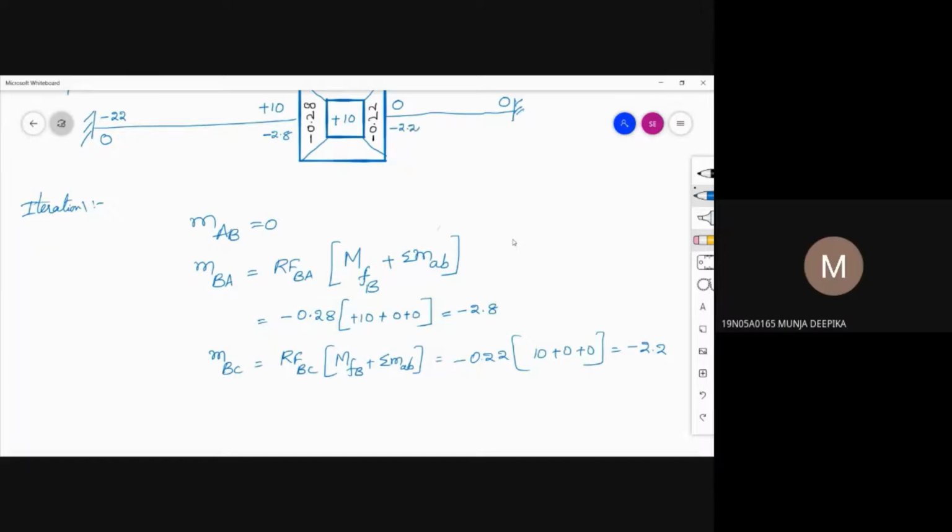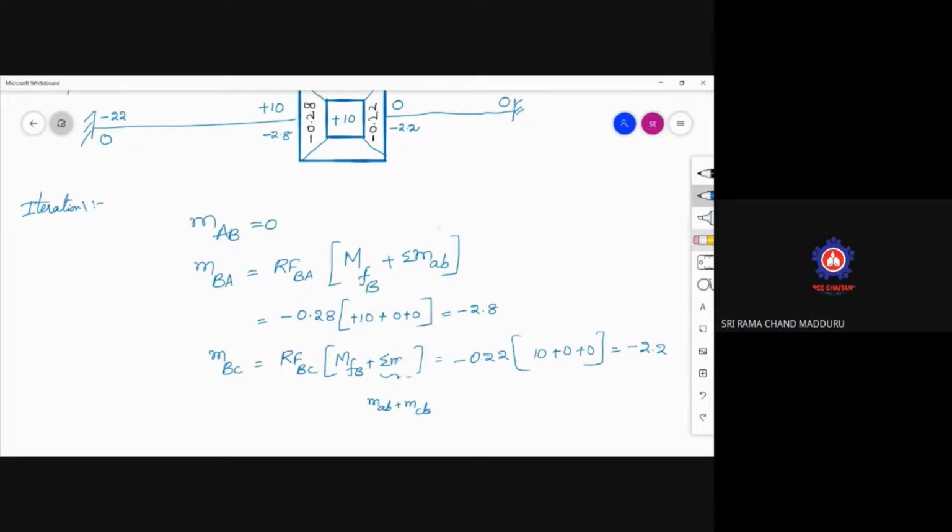Sir, sigma MCB? Yeah, you just see this one. If I write down this sigma, it is MAB plus MCB only. The representation will be the same. Whatever you are writing, that is sigma.